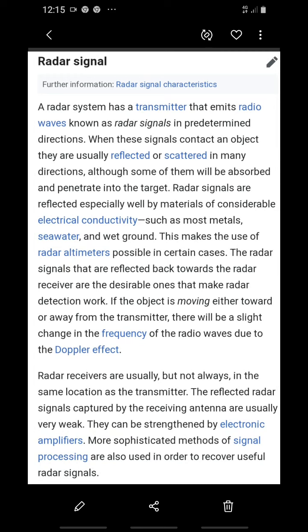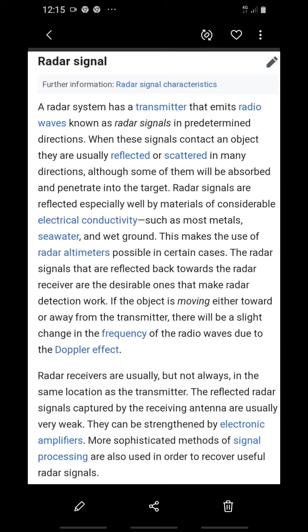Next, radar signals. A radar system has a transmitter that emits radio waves known as radar signals in predetermined directions.